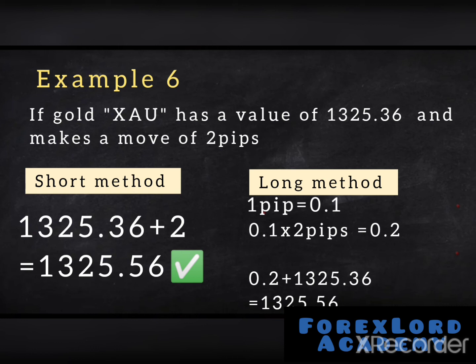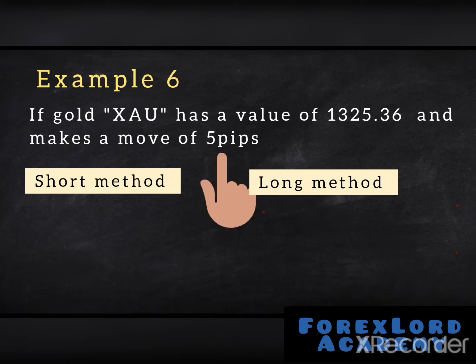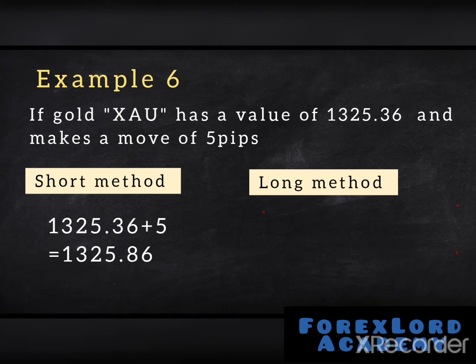Now, let's go a bit higher. Assuming gold, XAUUSD, makes a move of 5 pips from a value of 1325.36. What will be the new value? Don't make that mistake again by adding 5 to 1325.36 to get 1330.36. Don't do that.